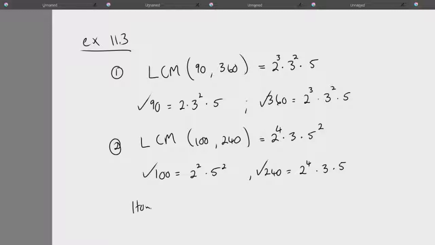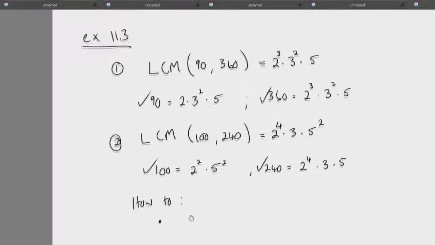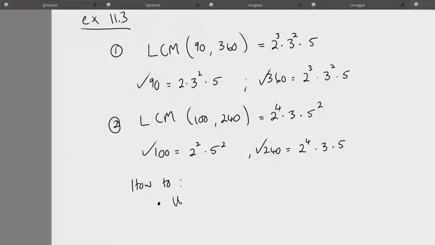So now, how do we find this? Well, I need to use all the prime numbers that I see in my list. Not all prime numbers that exist, of course, all prime numbers in question. 2, 3, and 5. Every prime number I see has to go in.